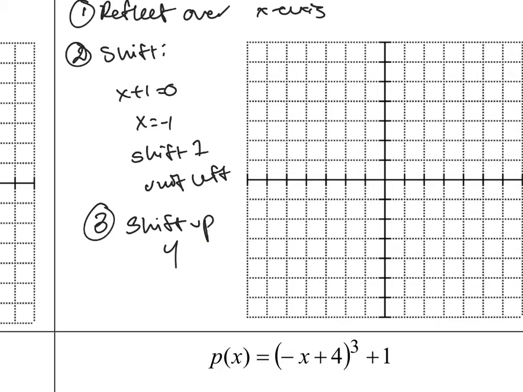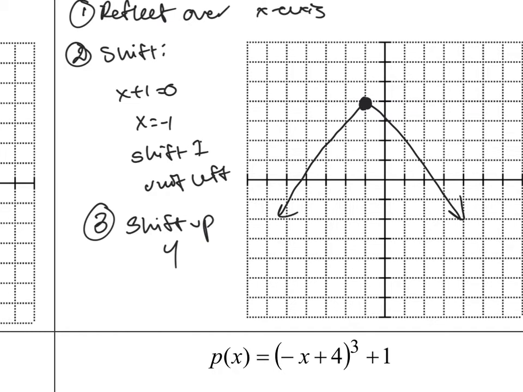Okay, so 1 unit to the left, up 4. 1, 2, 3, 4. Now, the function is going to be a V graph. Well, it's a negative, so we're going to reflect it over the x-axis. So our graph is going to look like this.